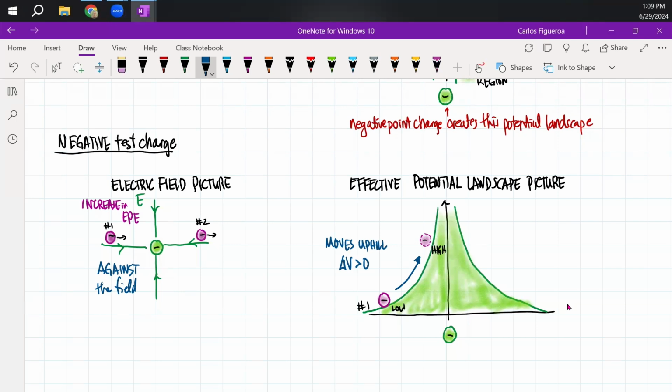On the other hand, if I am going with the field, then I'm going to get a decrease in electrical potential energy. In this situation, this charge is now going to be moving downhill instead of uphill.